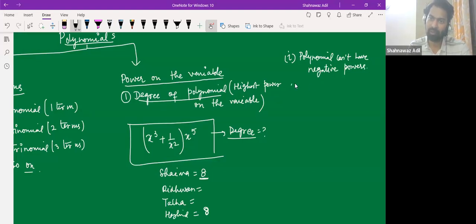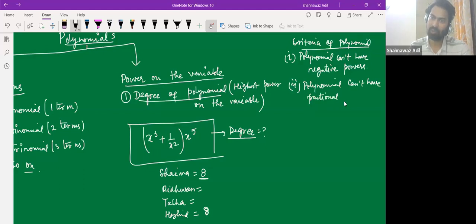And the second one was that a polynomial cannot have fractional powers.